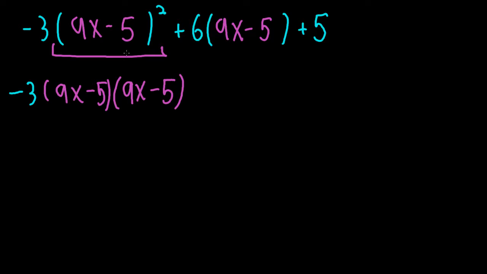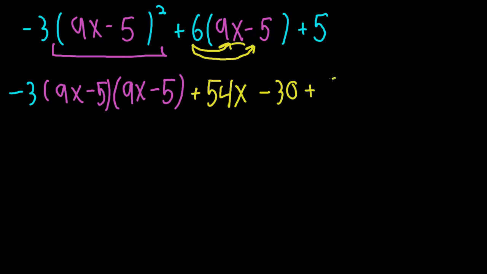Alright, from here I have 6 times 9x, which will get me, well, 6 times 9 is positive 54, so I still have my x left over, sorry, 54x. Now I have 6 times negative 5, which will get me negative 30 plus 5.